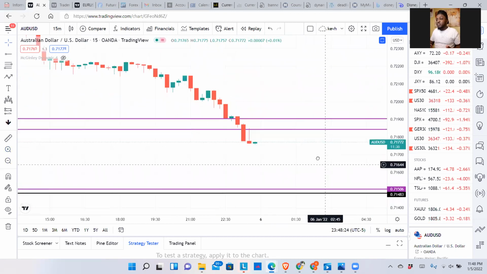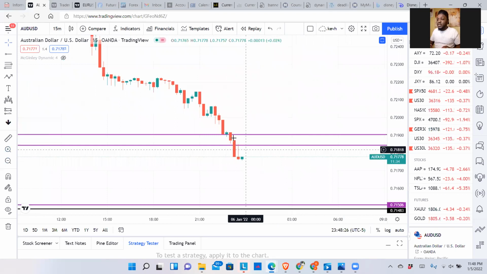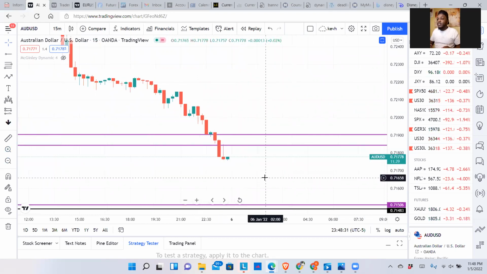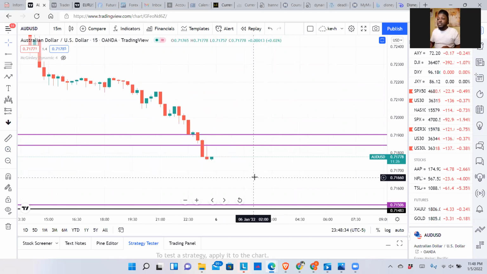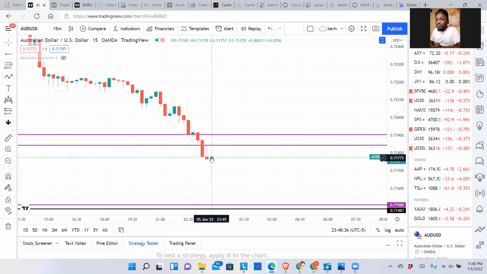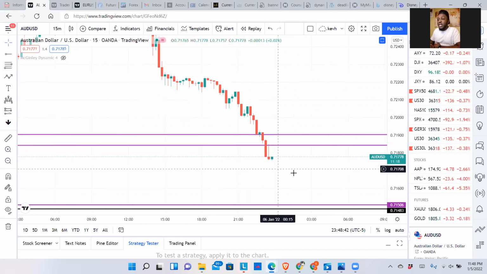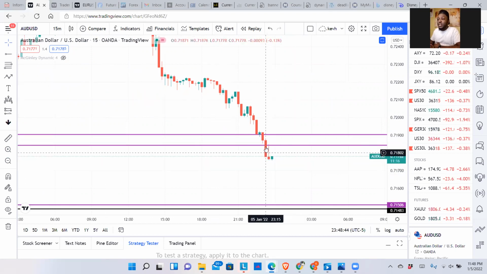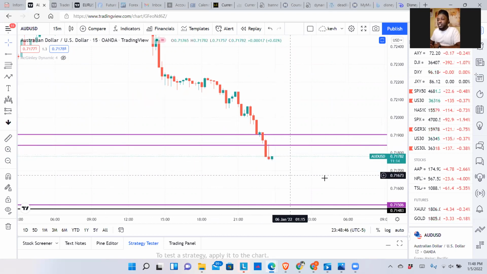So on the 15 minutes here, we can see we had our break and our retest candle, okay? But because we are approaching midnight, I can still figure that we'll see maybe another retest to the same zone, okay? So I wouldn't be surprised to see that happening. But this is looking like a beautiful sell position.